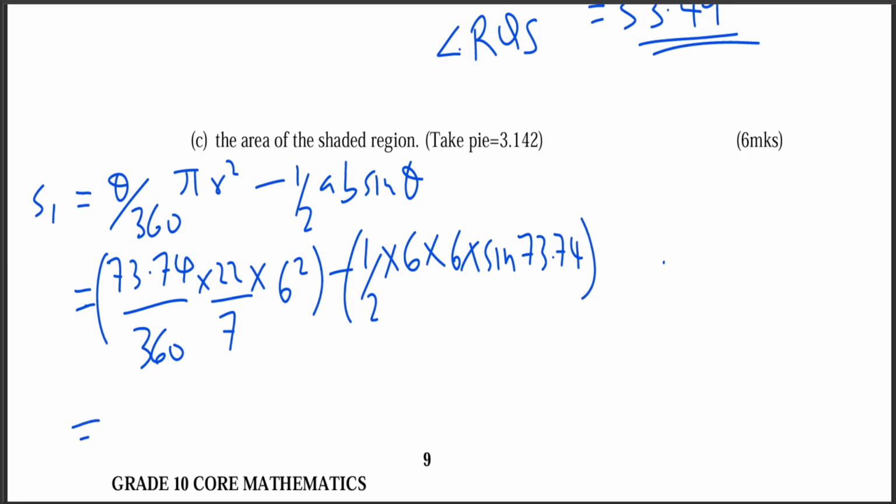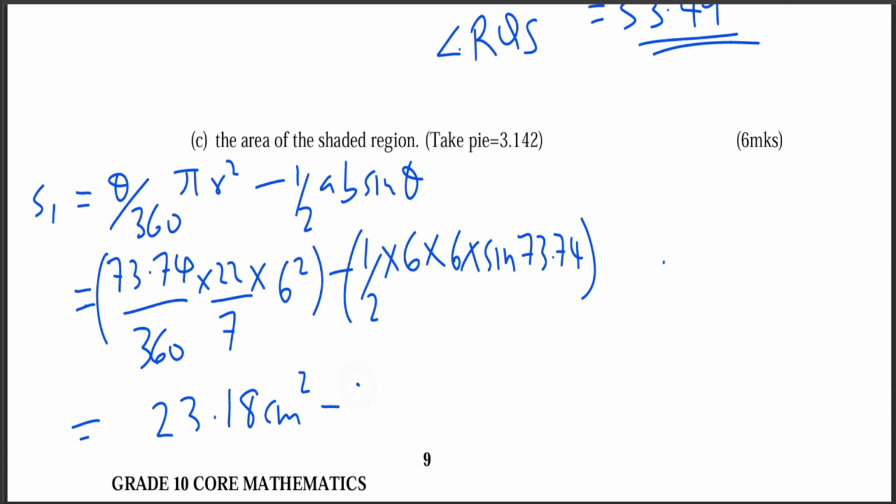So let's see how much is it going to give us. 73.74 over 360 times 22 over 7 times 6 squared itatupa 23.18 centimeter square, minus a half times 6 times 6 times sine 73.74.